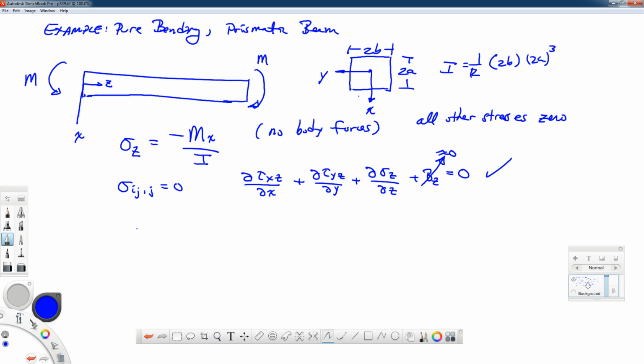Alright, we can look at strain displacement. For small strains, epsilon ij is equal to 1/2 the partial of ui with respect to xj plus the partial of uj with respect to xi. And we can look at compatibility. So let's see if I can write this down.